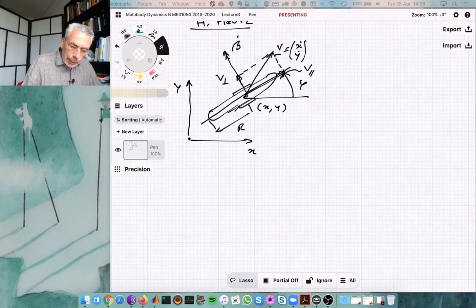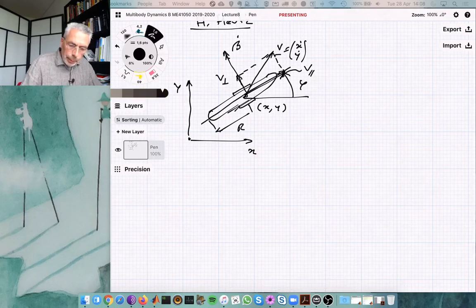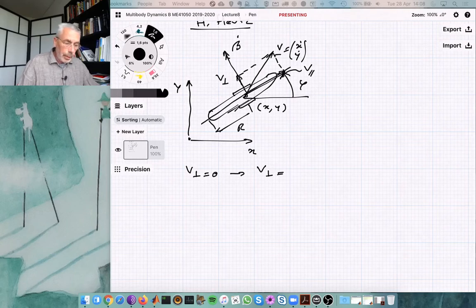We had first the condition on the perpendicular velocity being 0. What is the perpendicular velocity? Well, looking at the picture, this perpendicular velocity is a scalar, and it is actually the dot product of the velocity vector with some direction.